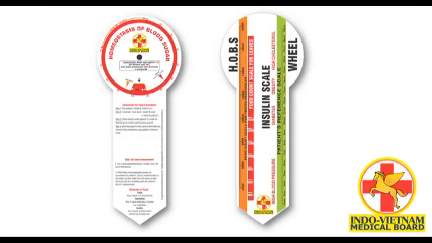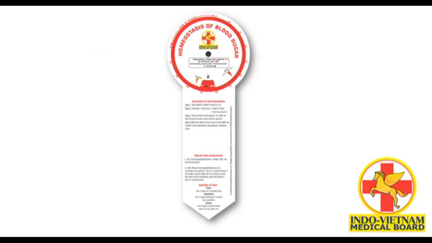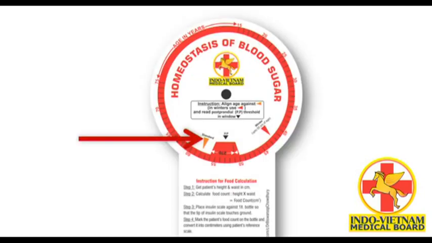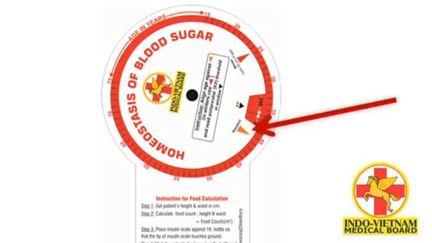In the Hobbs wheel you see on one side it is the insulin scale, and on the other side you will find a small wheel, a white colored wheel. In that wheel find the orange triangle on which it is written standard. You have to match the orange triangle with the age of the patient. Let's say the age of the patient is 40 years, so match the orange triangle on 40.